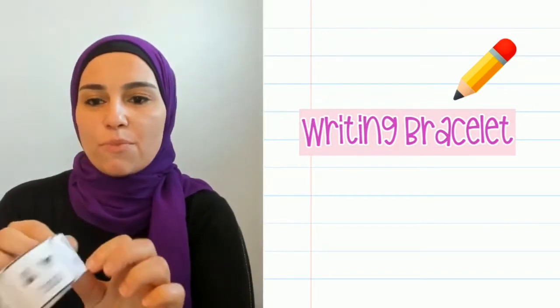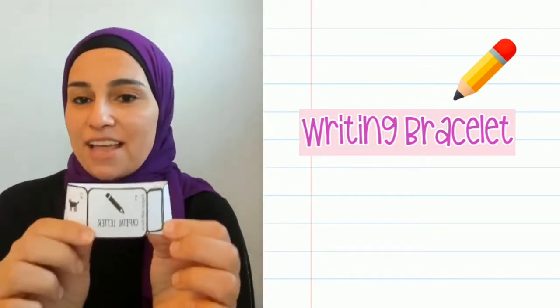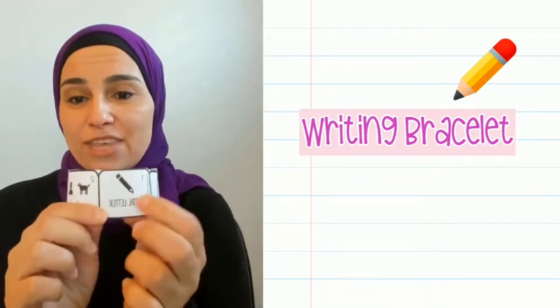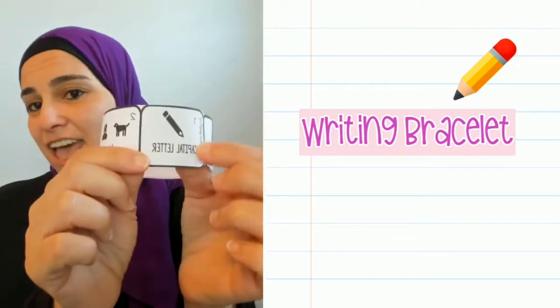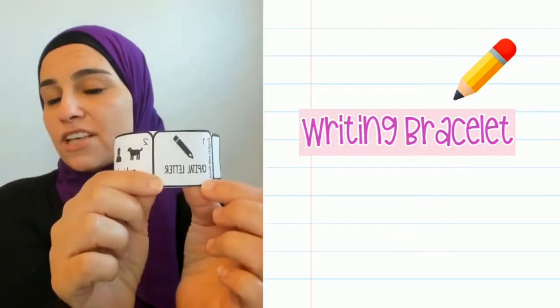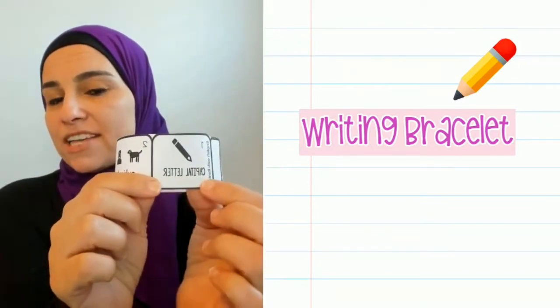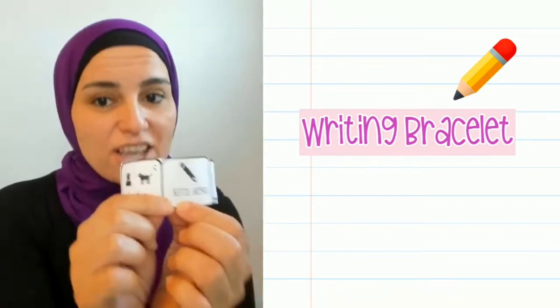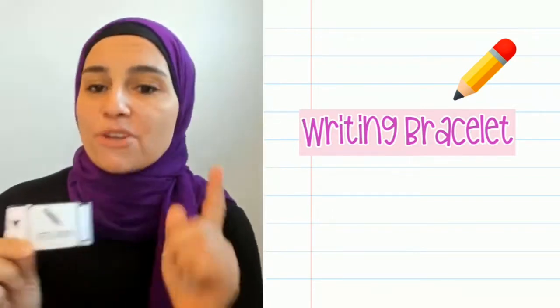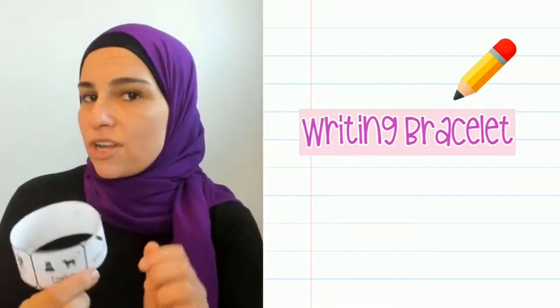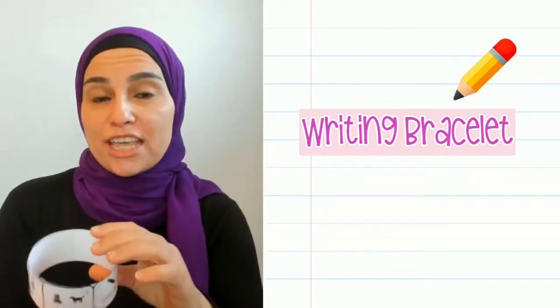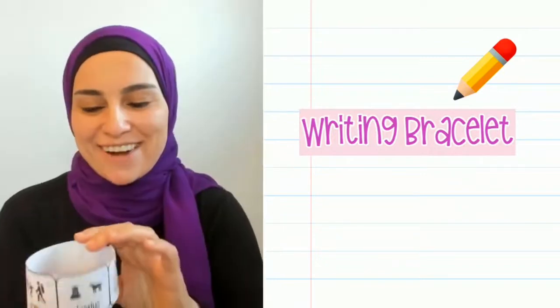Let's start with number 1, and it's capital letter. You start writing with a capital letter. So there's a visual support for writing, and the words capital letter are capitalized as well, just for them to remember. Now, it's very important that you go over all of these elements with your students before you actually put that into practice, right?